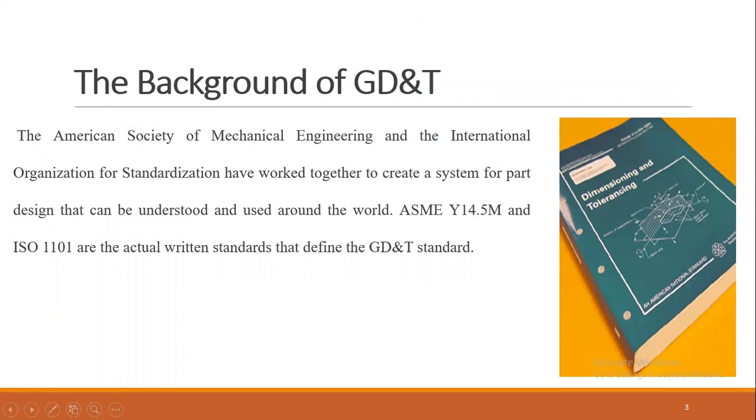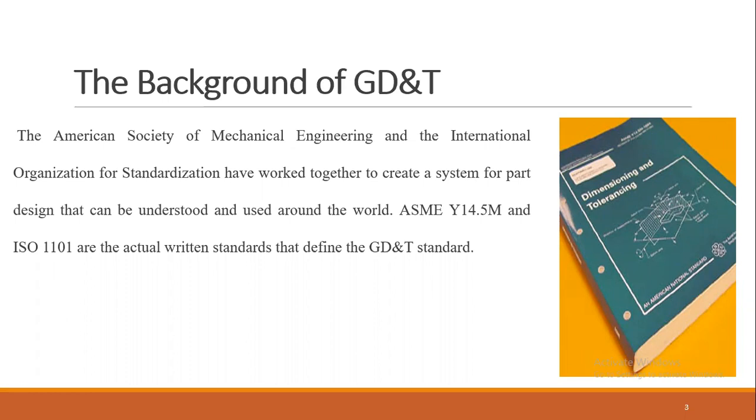The background of GD&T is that the American Society of Mechanical Engineers and the International Organization for Standardization worked together to create a system for part design that can be understood and used around the world. In the current market we use the ASME Y14.5M version and ISO 1101.